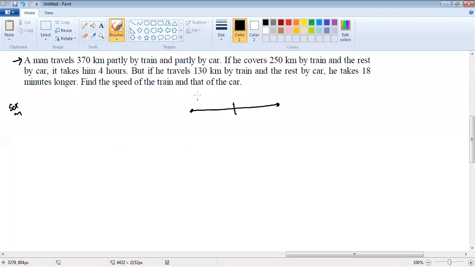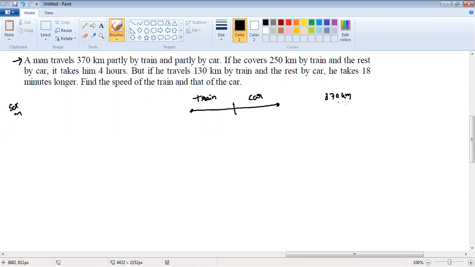So partly by train and partly by another transport, the car. Totally 370 kilometers distance.